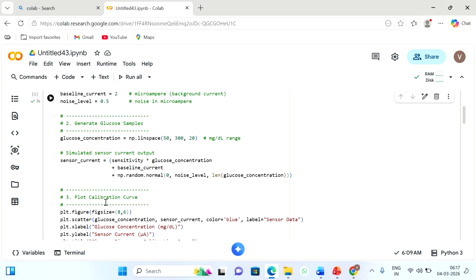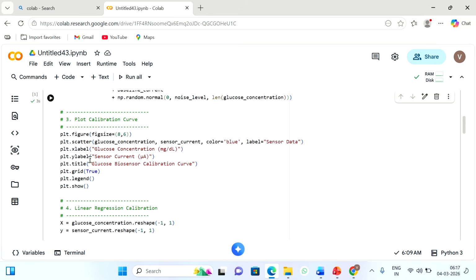Then plot the calibration curve. So plt.scatter(glucose_concentration, sensor_current).